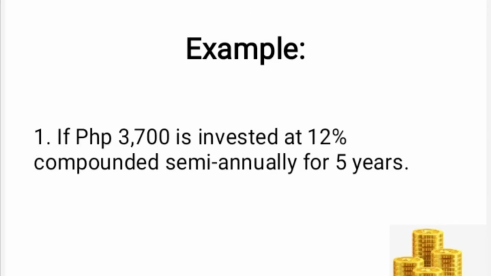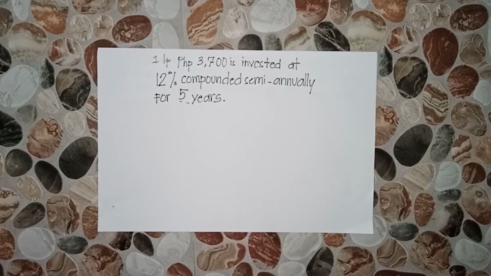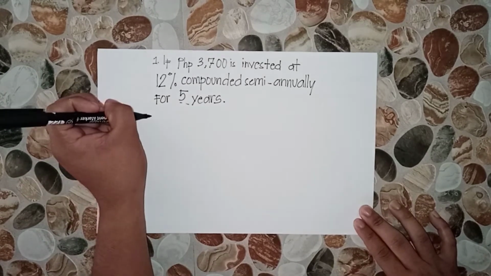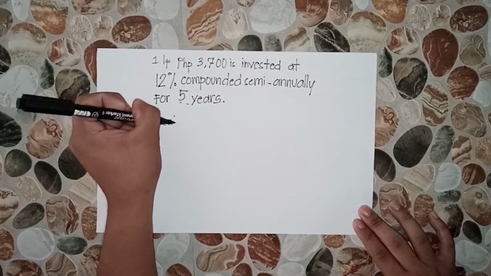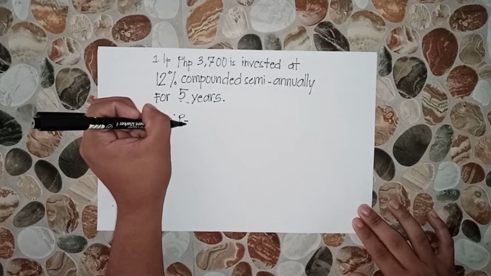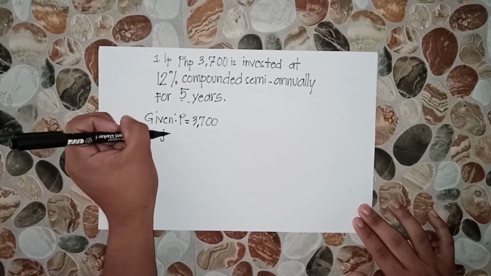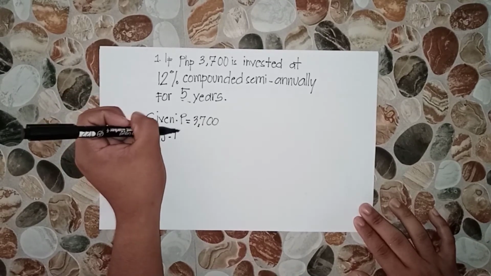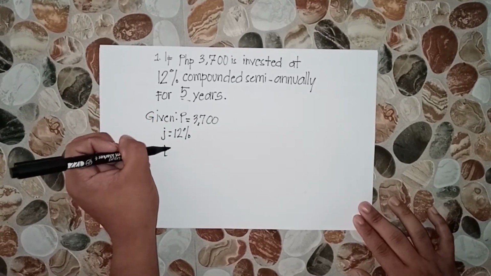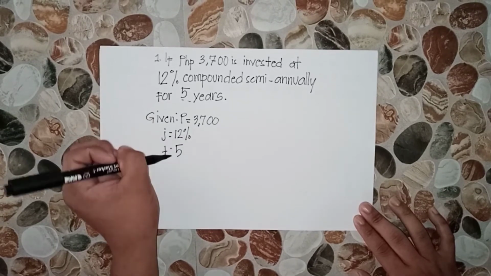So here is our example. Number 1: if 3,700 pesos is invested at 12% compounded semi-annually for 5 years. First we write our givens. Our present value is 3,700, our interest rate is 12%, and our time is 5 years.